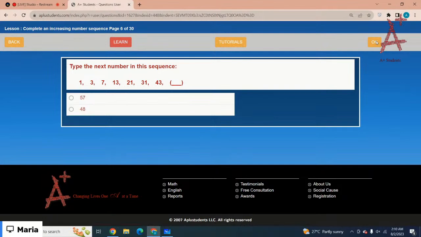Type the next number in the sequence 1, 3, 7, 13, 21, 31, 43. Which is the correct option?